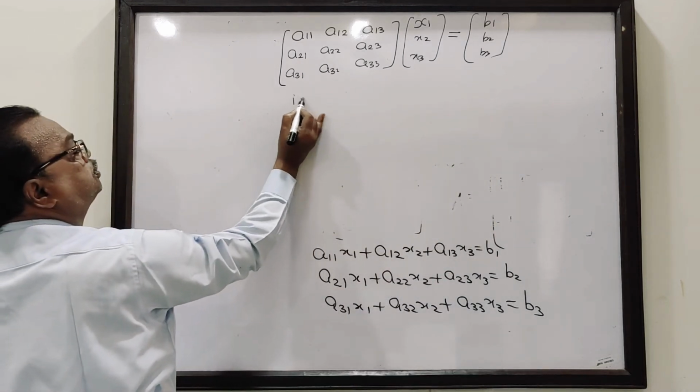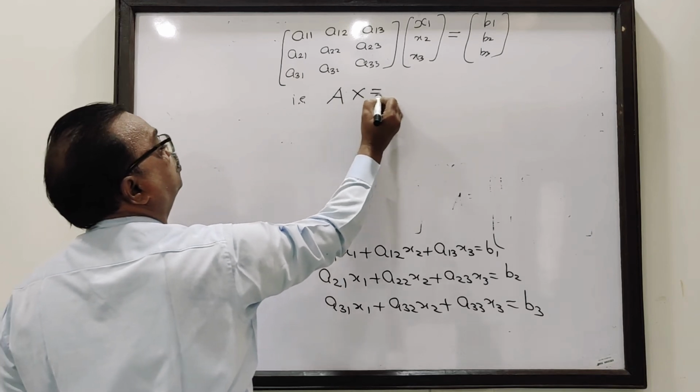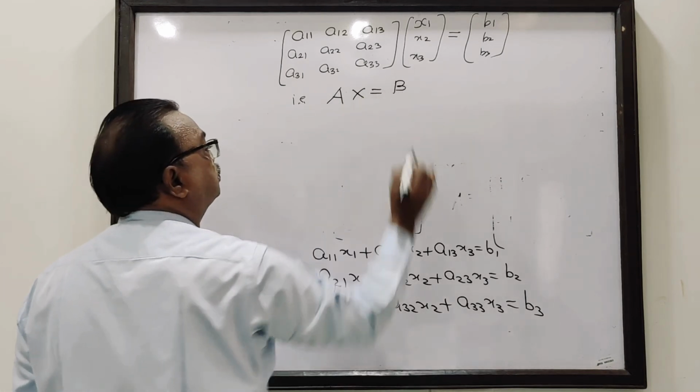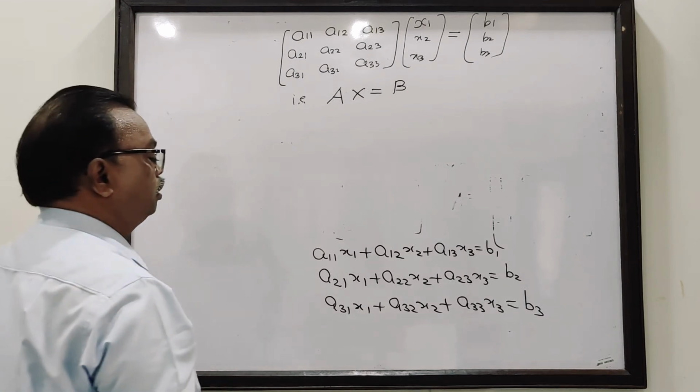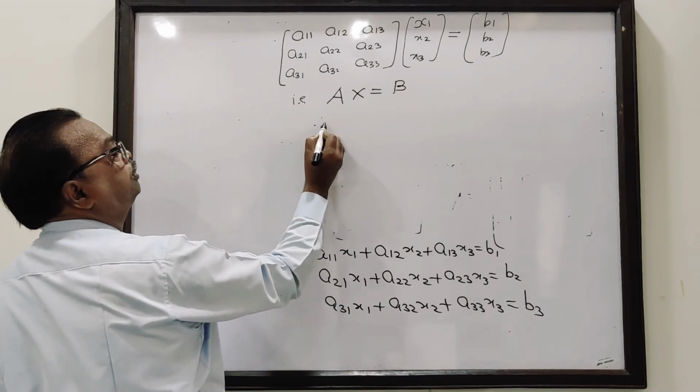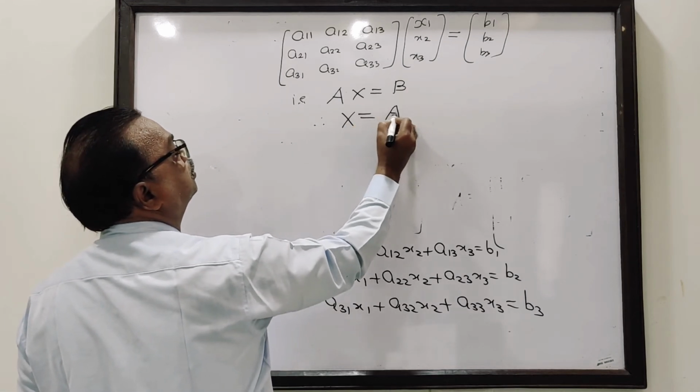So that is AX equal to B. Then, to find the solution, we can write X equal to A inverse B.